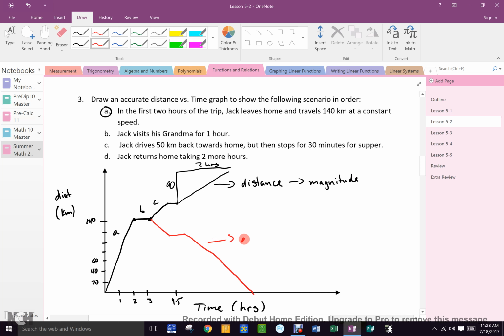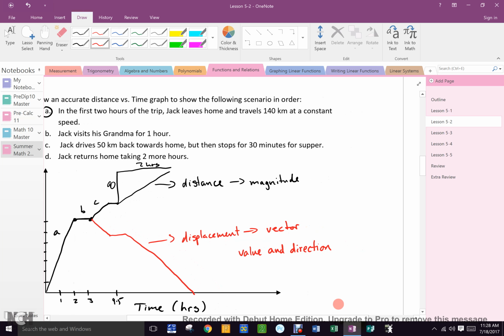This is what we call displacement, which is a vector. And a vector has a value and a direction.